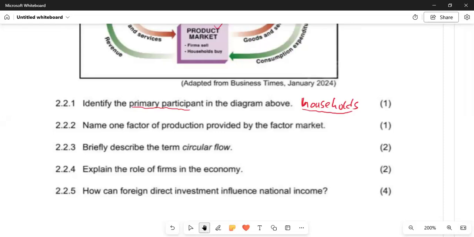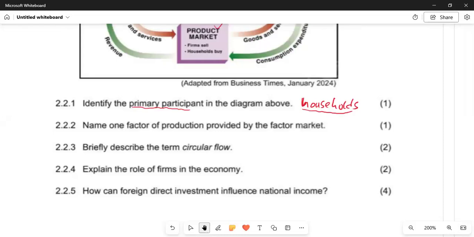2.25. How can a foreign direct investment influence national income?